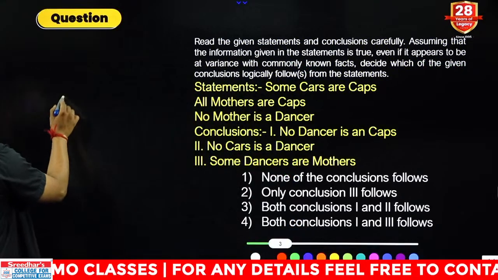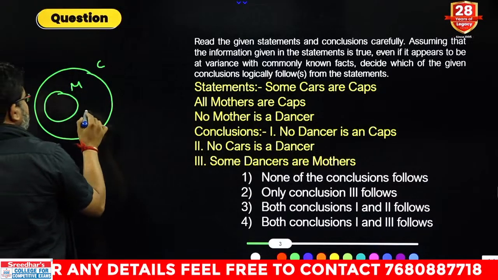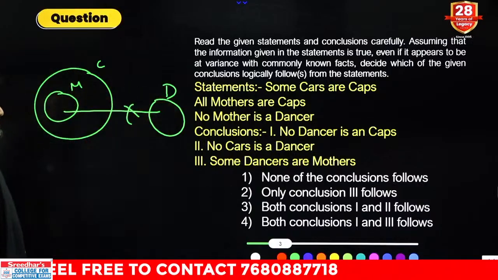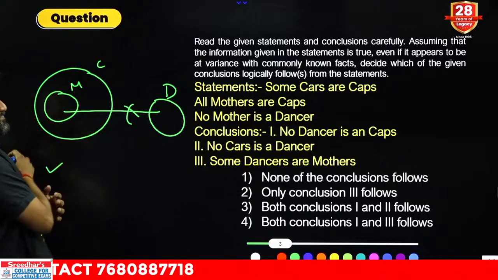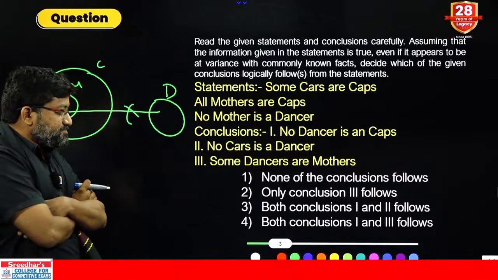All mothers are dancers, syllogism. Next, no mother is dancer. You should not have a relationship between this M and the other one, D. No dancer is cap. Right. Conclusion 1. Positive or negative? Negative.